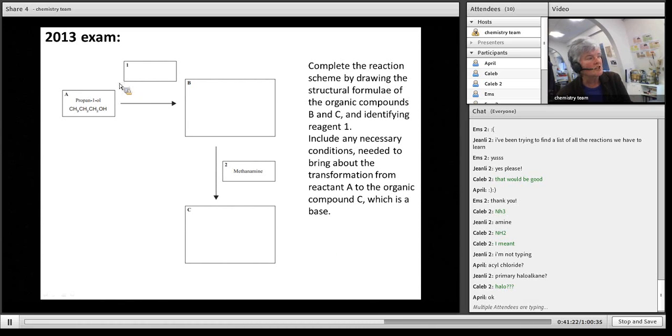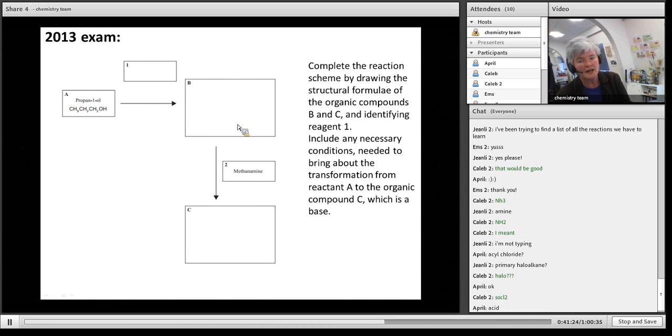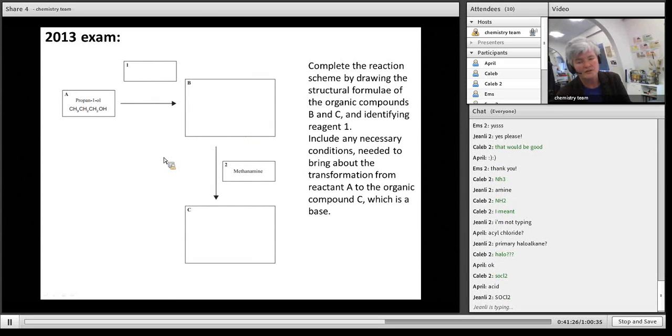How do I change an alcohol to a haloalkane? SOCl2. So, as I say, read through all this and underline any clues. This could be the tests, or here it's told you a property, it's a base.